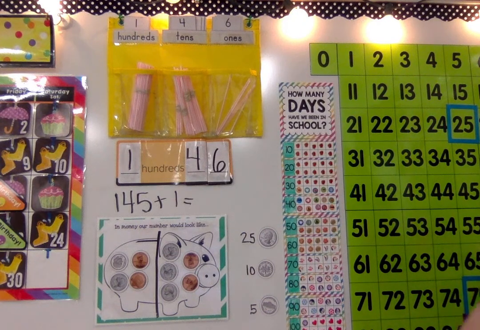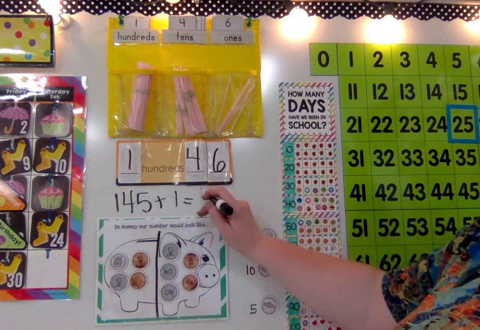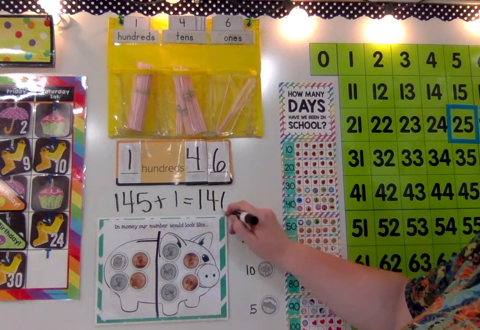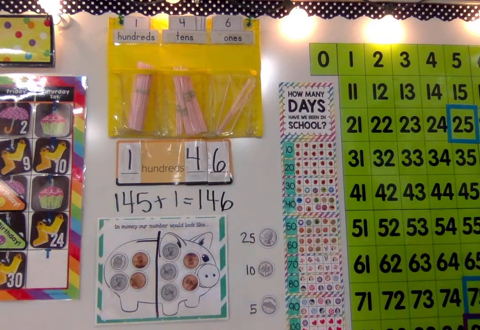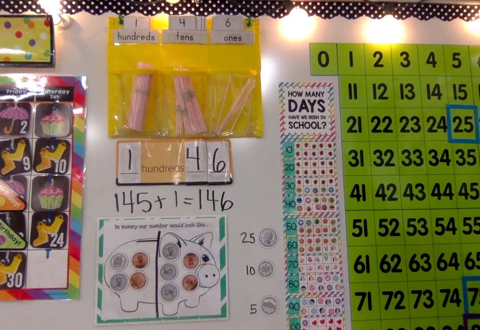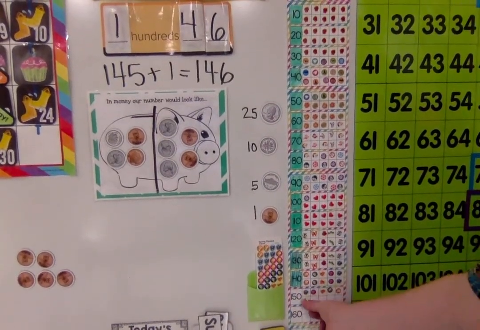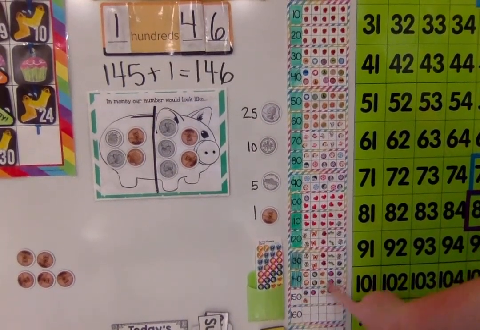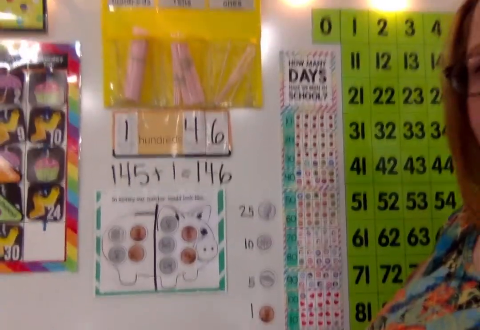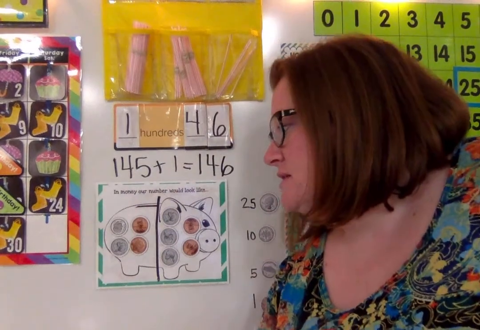So 145 plus 1 more would be 146. 146 days smarter. Let's add another sticker. 145, 1 more is 146. We got it.